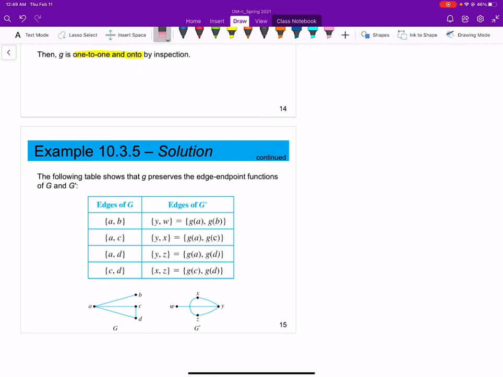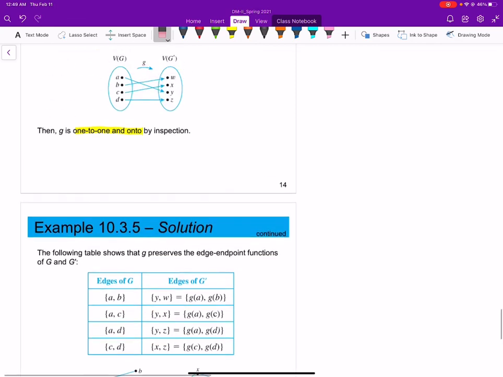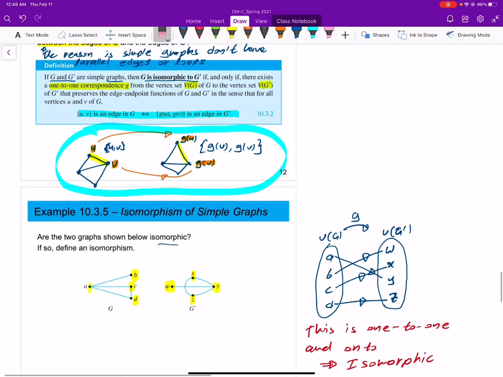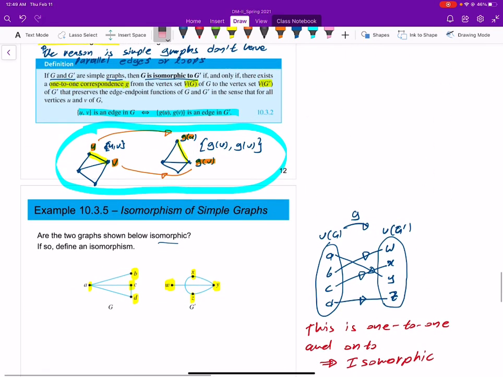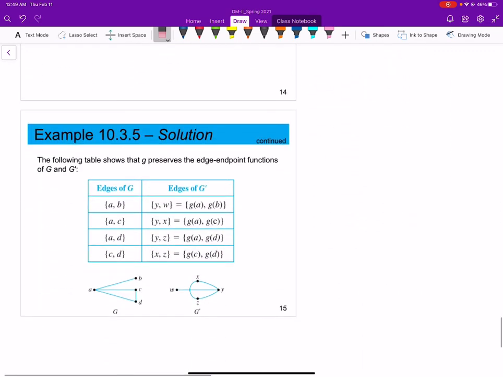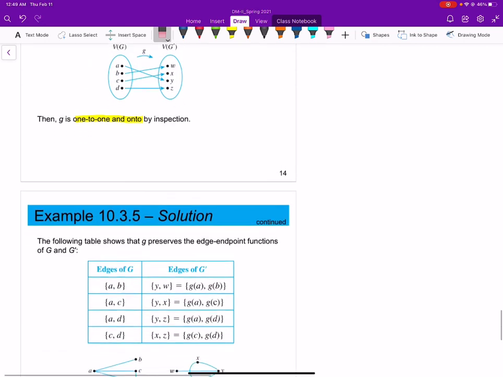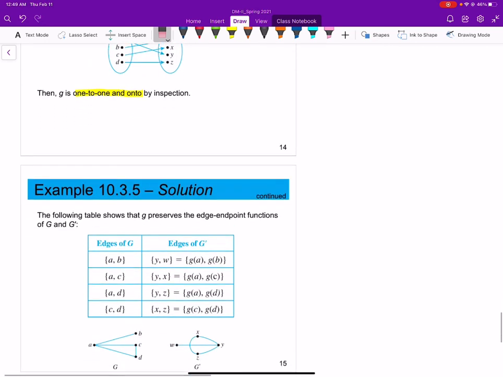Now we have to find the edge endpoint function. This is called the edge endpoint function. That means you have to find the endpoints of each edge. This is graph G. This is graph G prime.